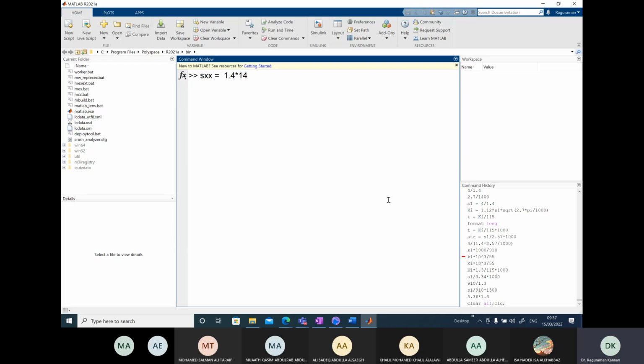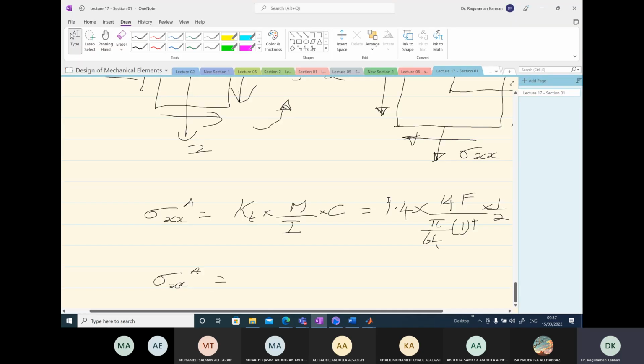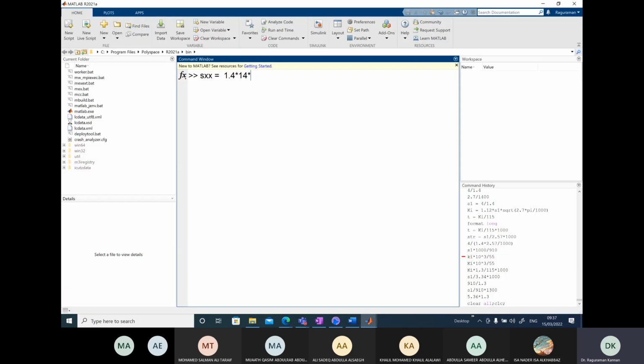We cannot calculate F, so leave it as such, and divide by pi over 32. So we can cancel this, so multiply by 32, divide by pi.